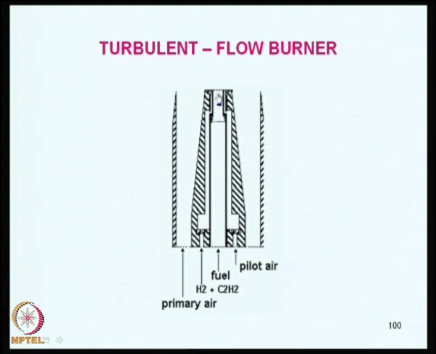So, all of them will come and join near the burner head, this is the slot, and they will burn as a single unit, but they will be mixing only at the base of the burner. So, there are two types of burners, one is premixed, another is the total combustion burner, and both have got advantages as well as disadvantages.